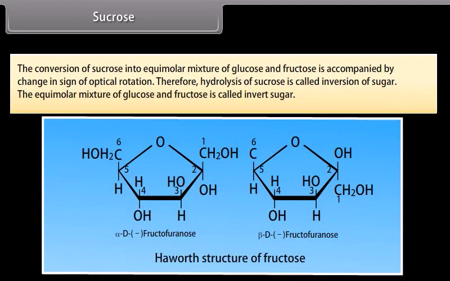The conversion is accompanied by change in sign of optical rotation. Therefore, hydrolysis of sucrose is called inversion of sugar. The equimolar mixture of glucose and fructose is called invert sugar.